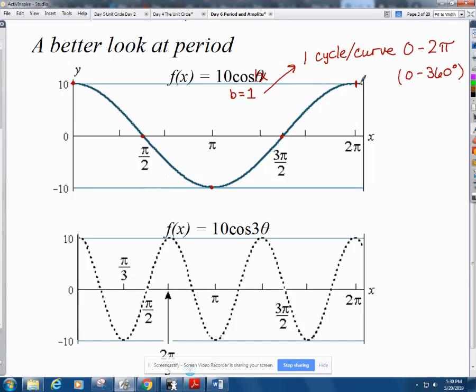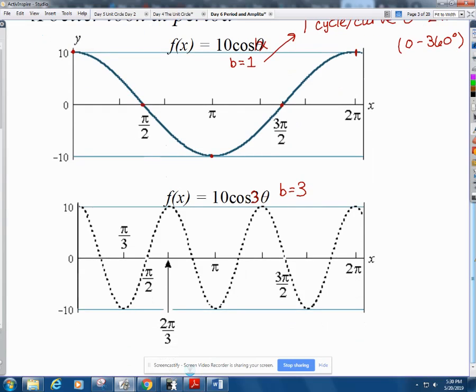In this graph, we've changed B to 3. So that means we still have an amplitude of 10. We're still going to be using those main points on the x and y axis as 10, 0, -10, 0, repeating that, but we have to do it 3 times around before we get to 2 pi.